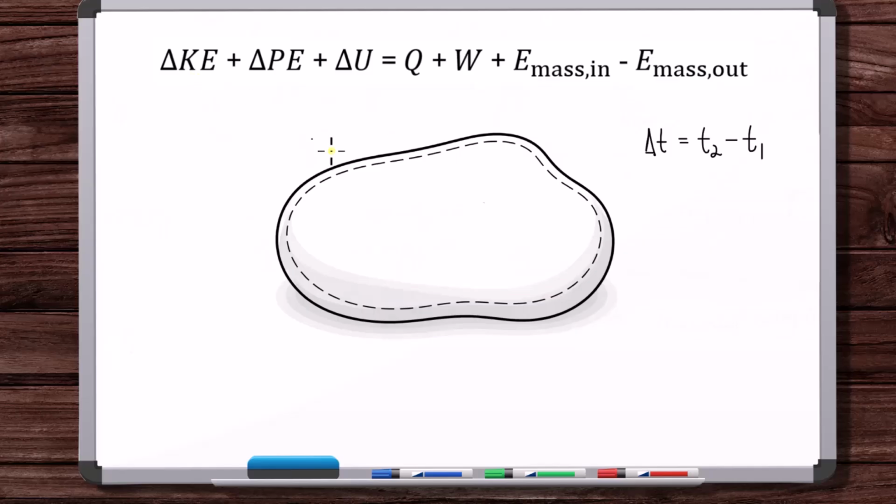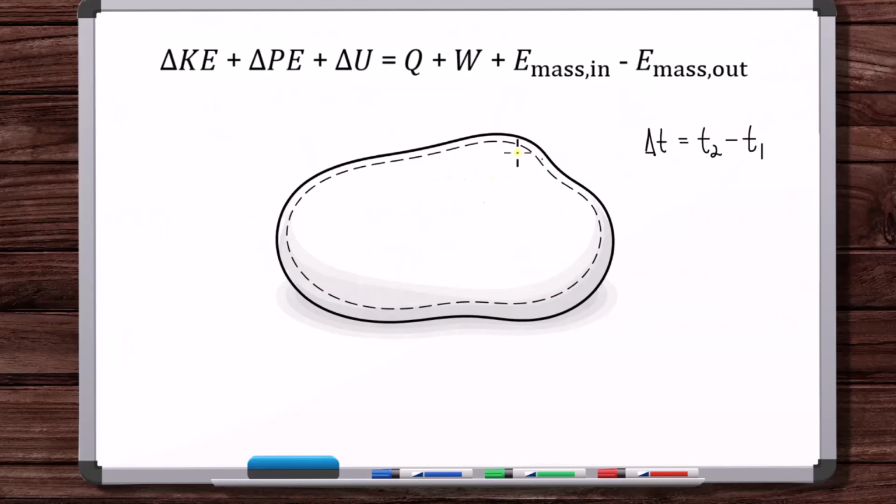The change in the total bulk kinetic energy, the change in the total bulk potential energy, the change in the total internal energy over this delta t, going from time t1 to t2. So at time t1, you take a picture, you add up all of the energies contained within the system that fall under the category of internal energy.